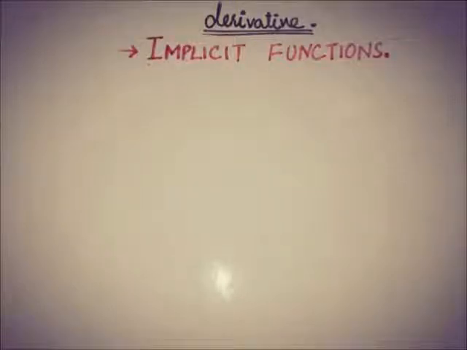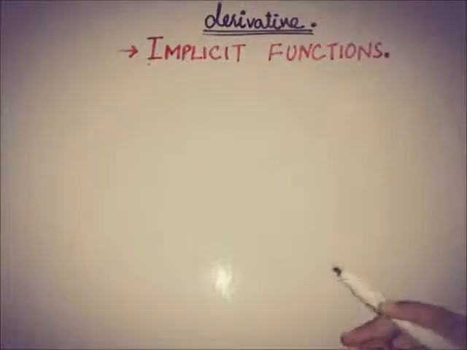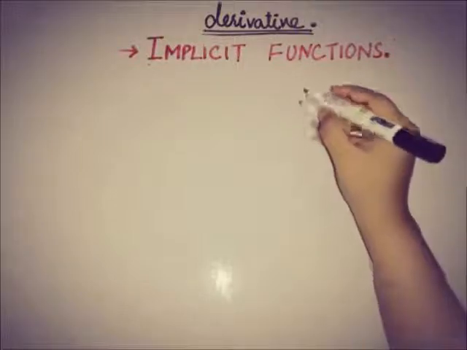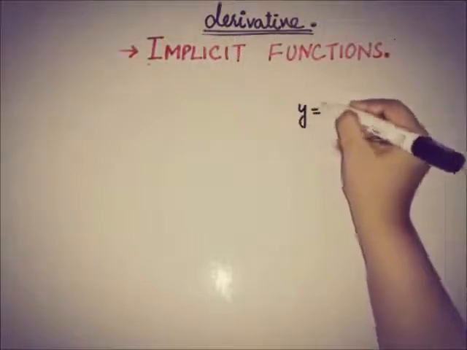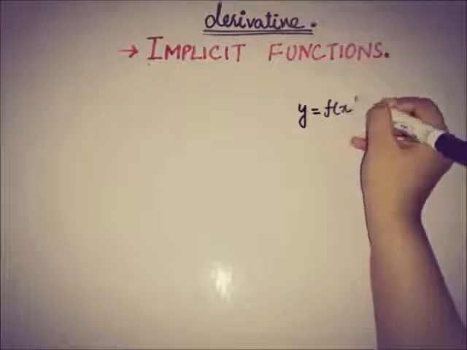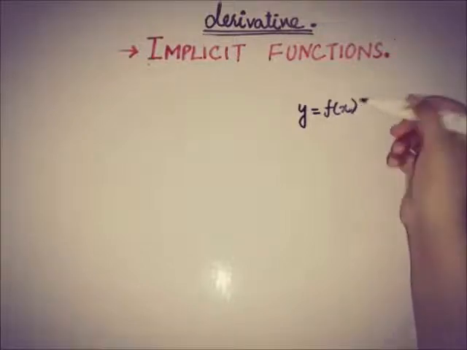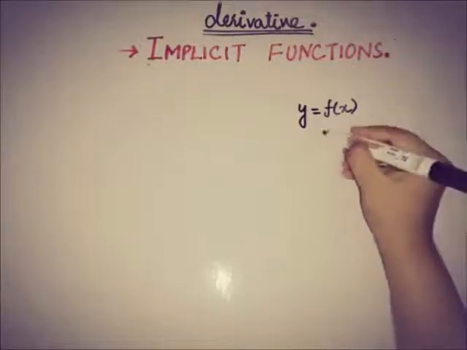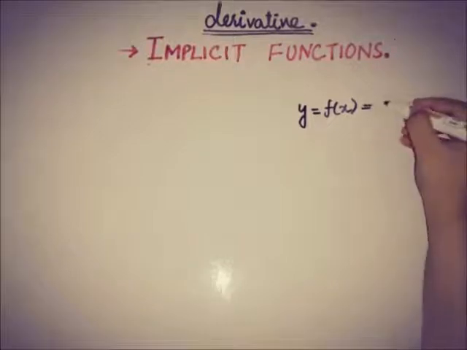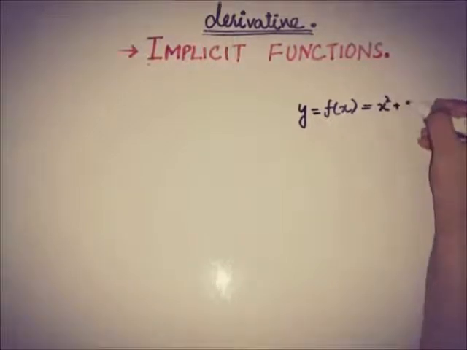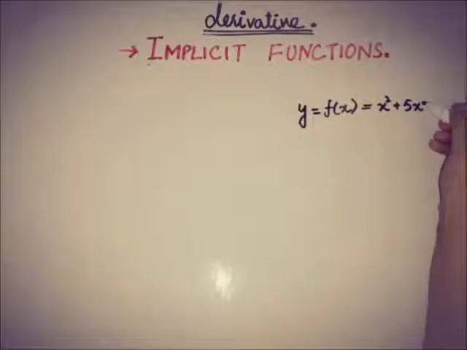In this video we will see how to find derivatives of implicit functions, or what is implicit differentiation. But firstly we have to know what is an implicit function. We are well familiar with such type of function where y is equal to f of x, where f of x is equal to some x squared plus 5x.